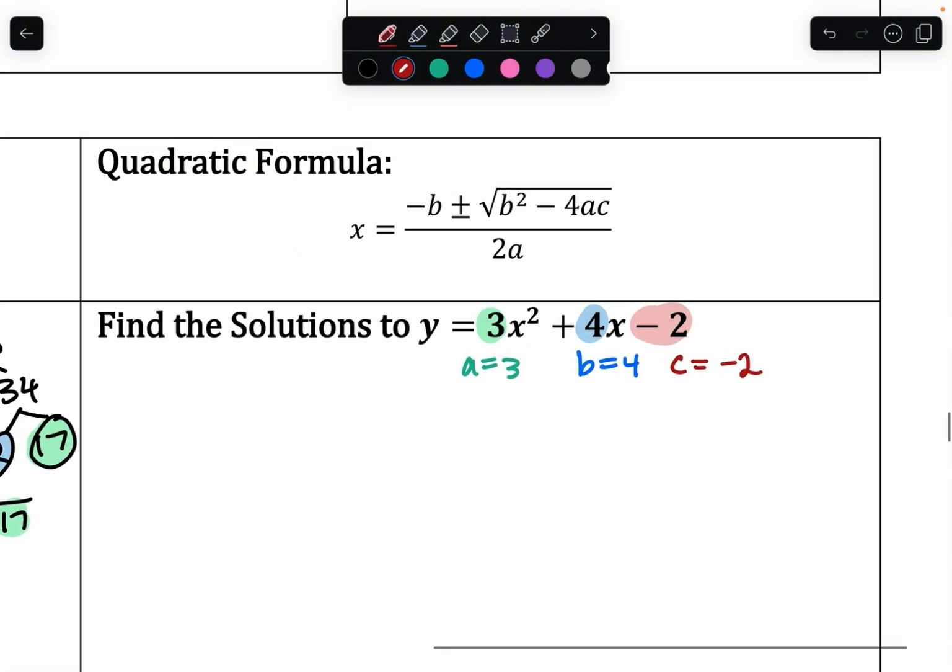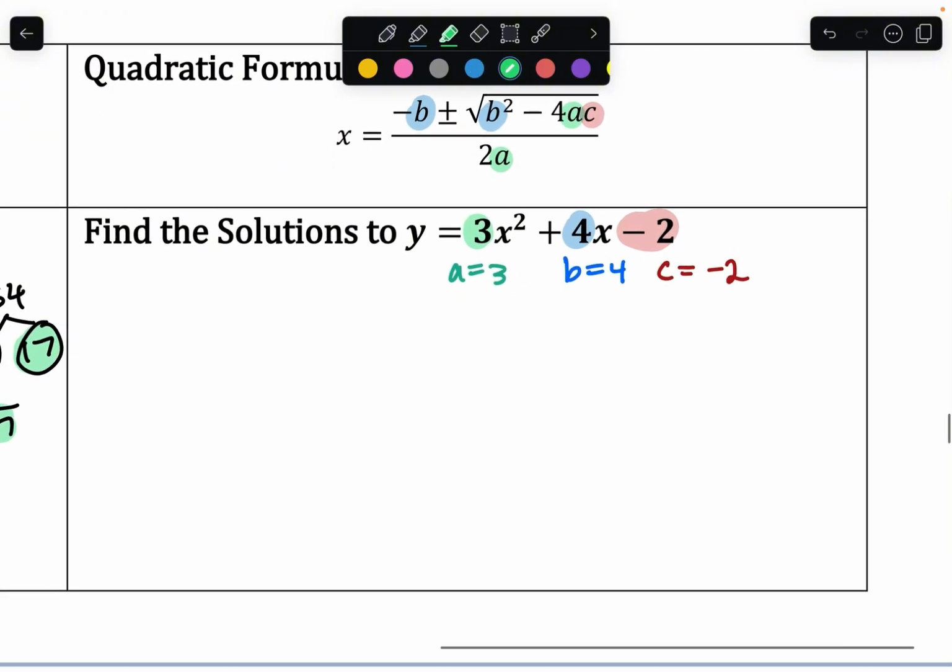Okay, and so just looking at where these go in the formula, C only goes in one place. B goes in 2 places, negative B, and then we have a B squared. And then A goes in 2 places, A and A.